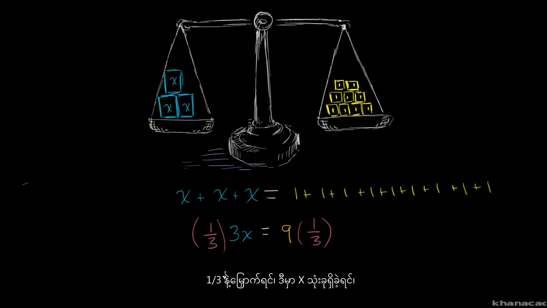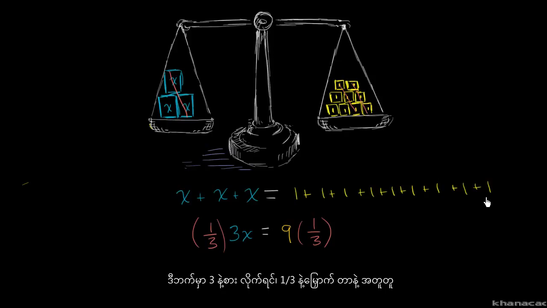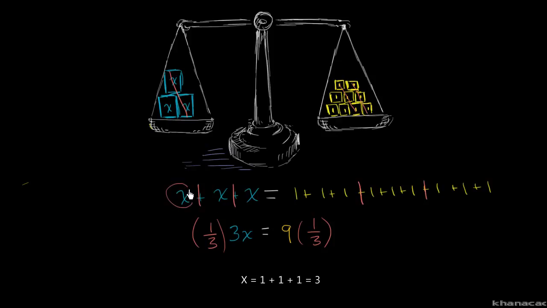When you multiply both sides by 1/3, visually over here, if you had 3 x's and you multiply by 1/3, you're only going to have 1 x left. If you have 9 of these 1 kilogram blocks and you multiply by 1/3, you're only going to have 3 left. And over here, if you divide by 3, which is the same thing as multiplying by 1/3, you have an x is equal to 1 plus 1 plus 1.